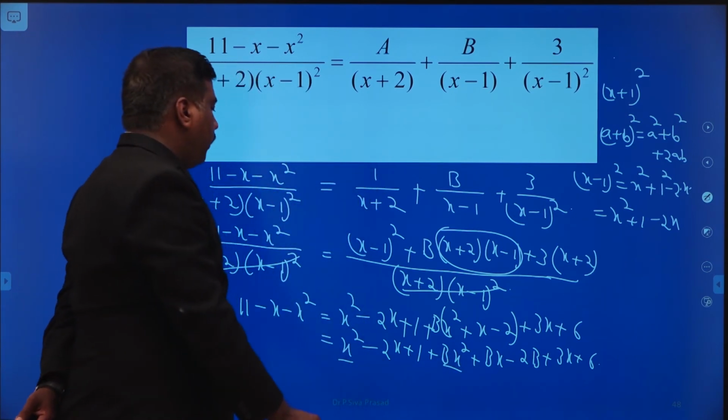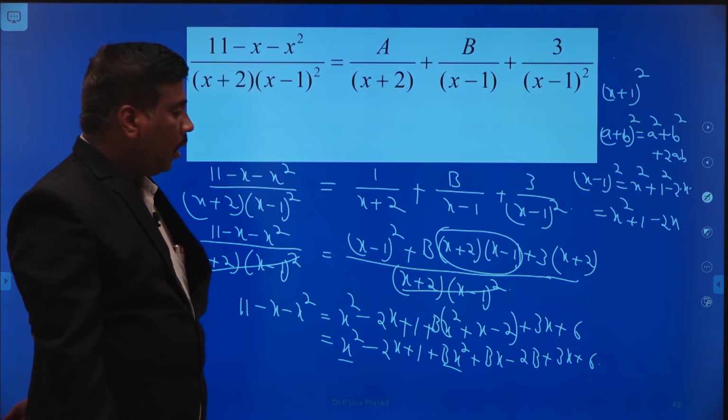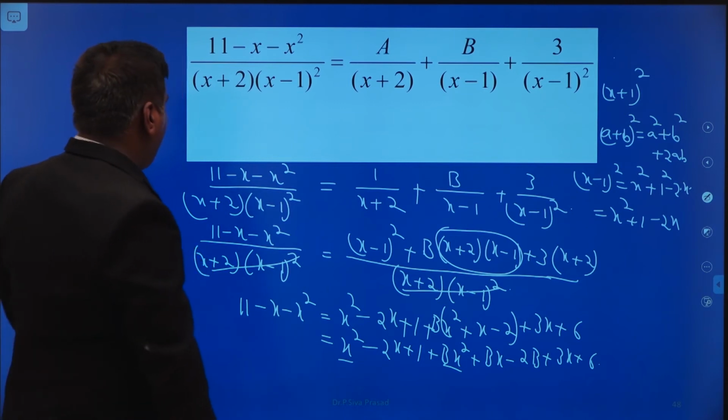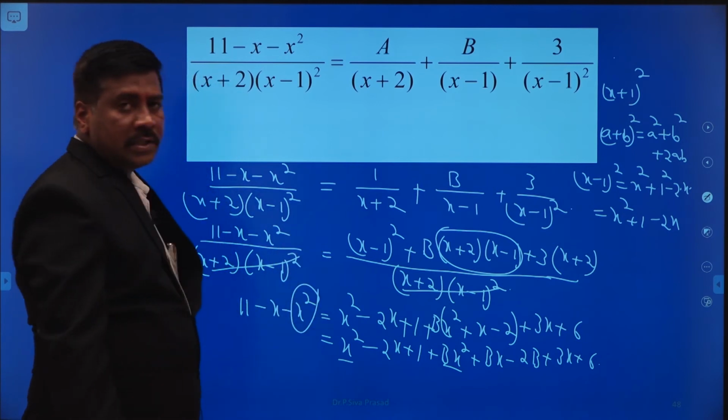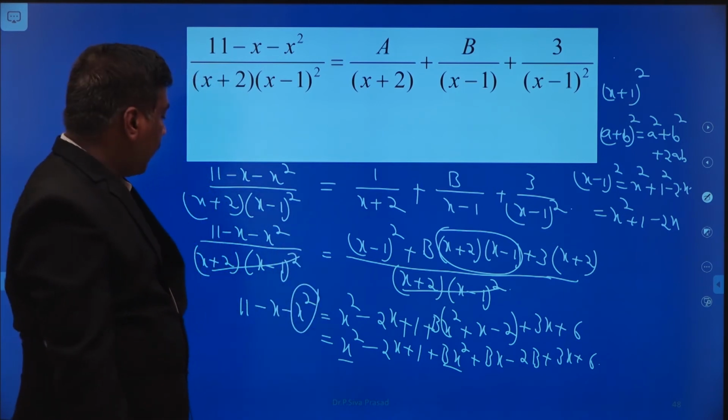This is the x² coefficient. From those two terms, I have to take x² common. Then that is to be equated with the coefficient existing on the left hand side, that is minus 1.